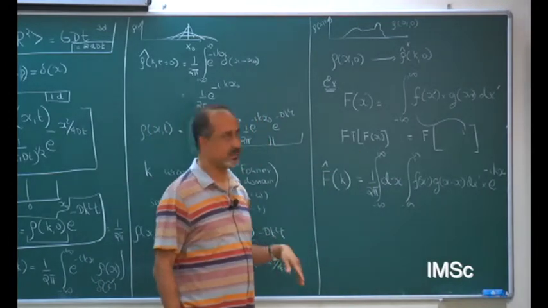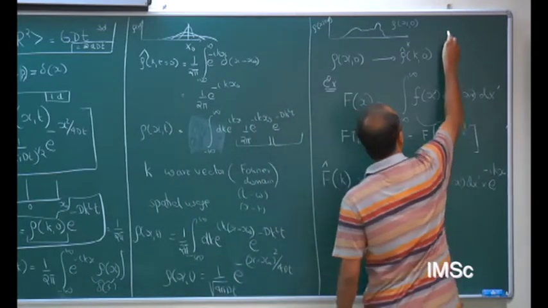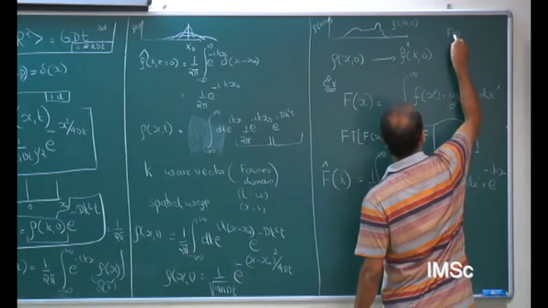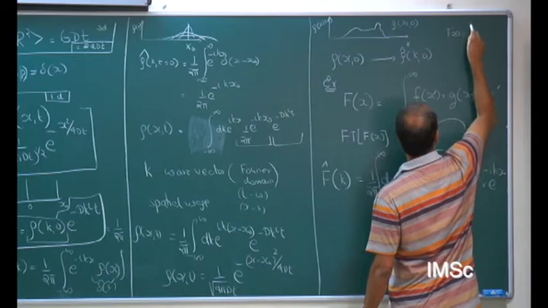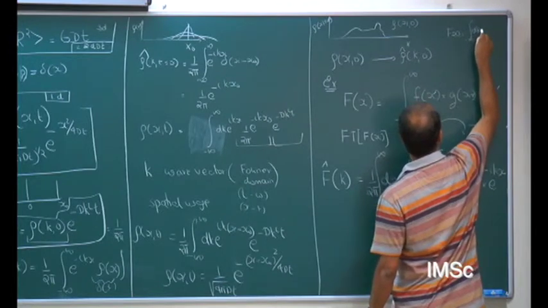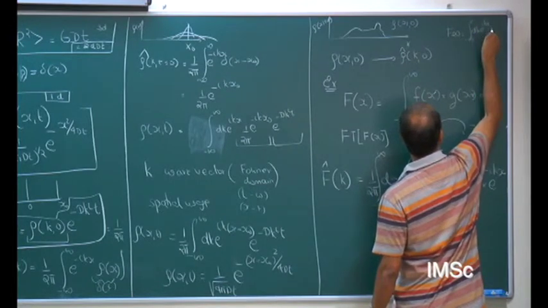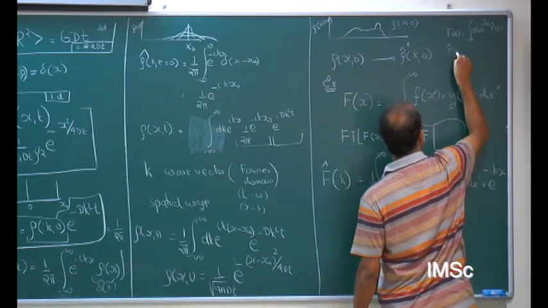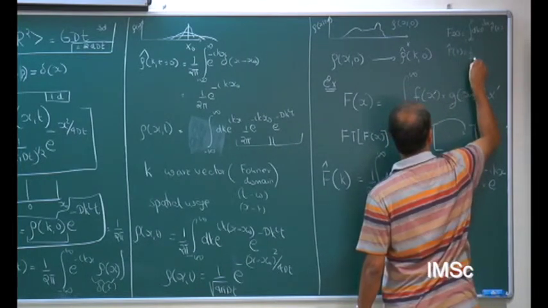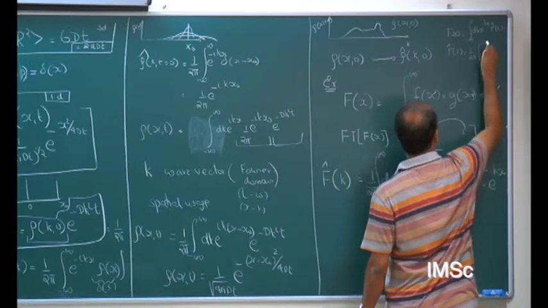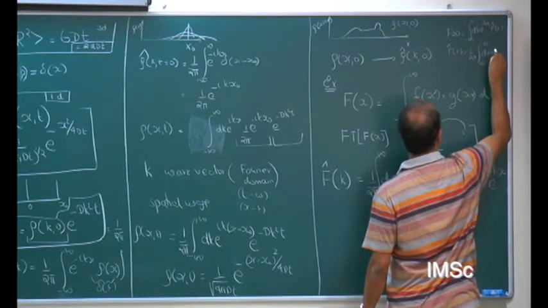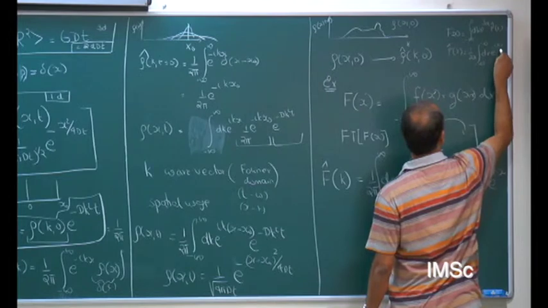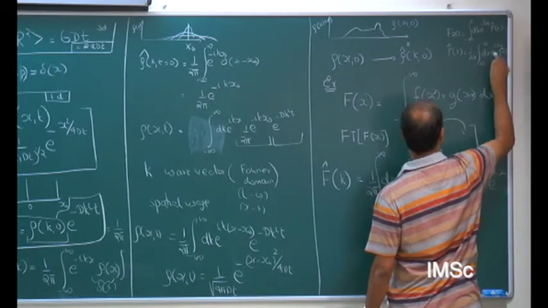Remember how we did it earlier? We said F of x was the integral from minus infinity to infinity dk e to the power i k x F hat of k, which meant that F hat of k was 1 over 2 pi integral from minus infinity to infinity dx e to the power minus i k x capital F of x.